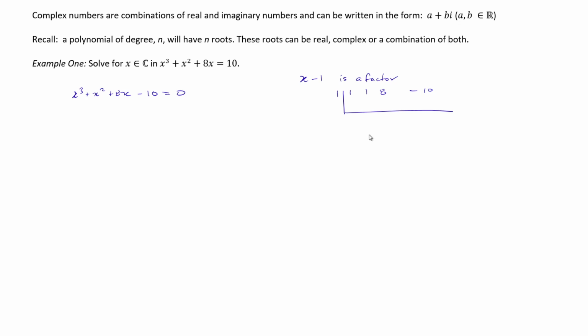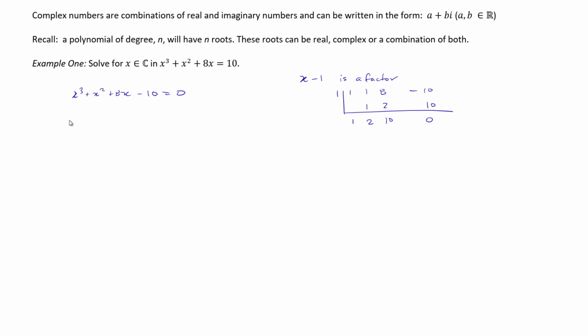Again, you could also do this with long division. Synthetic, I think, is a little faster. And we get 2, and then right there that's another 2, and that's 10, and that's positive 10, and we get a remainder of 0, which makes sense because x minus 1 is a factor.